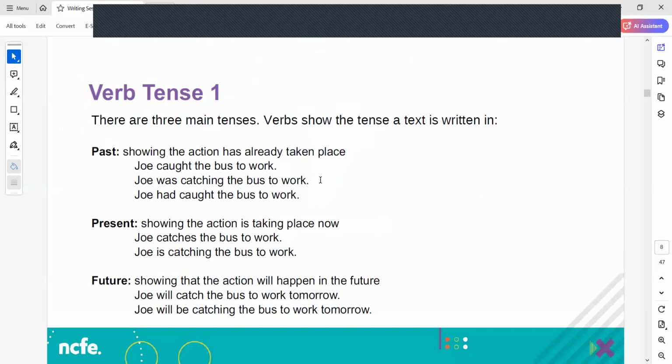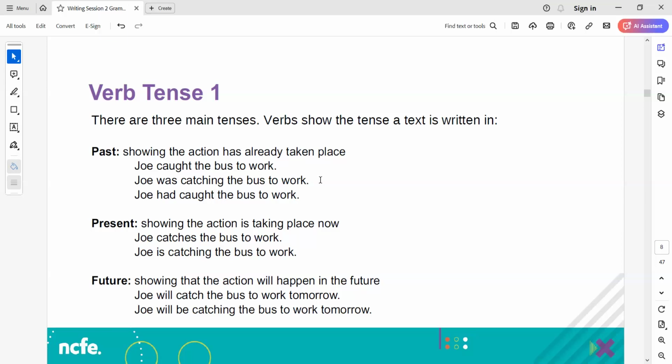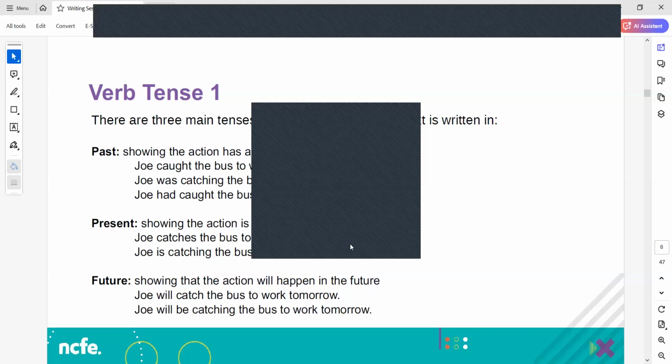Okay, so looking at verb tense, there are 3 main tenses. Verbs show the tense the text is written in. So past, showing the action has already taken place. Joe caught the bus to work. Joe was catching the bus to work. Joe had caught the bus to work.